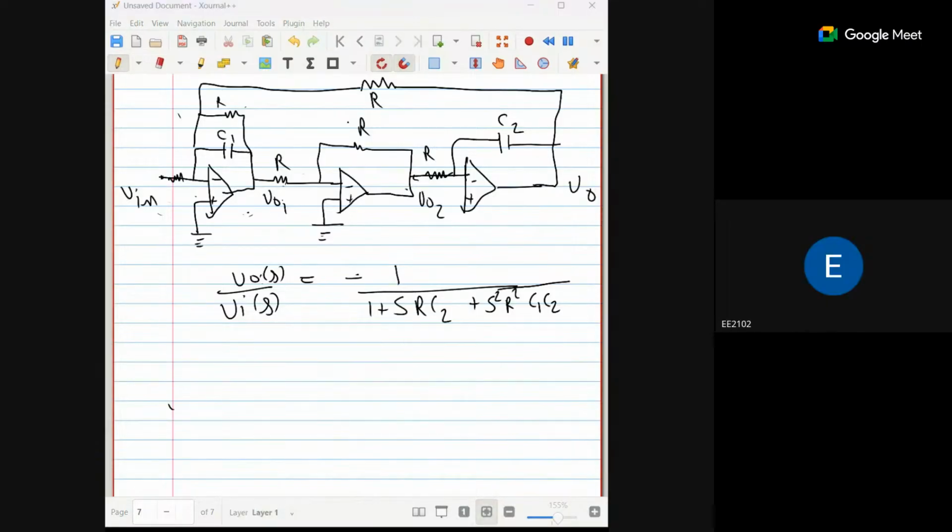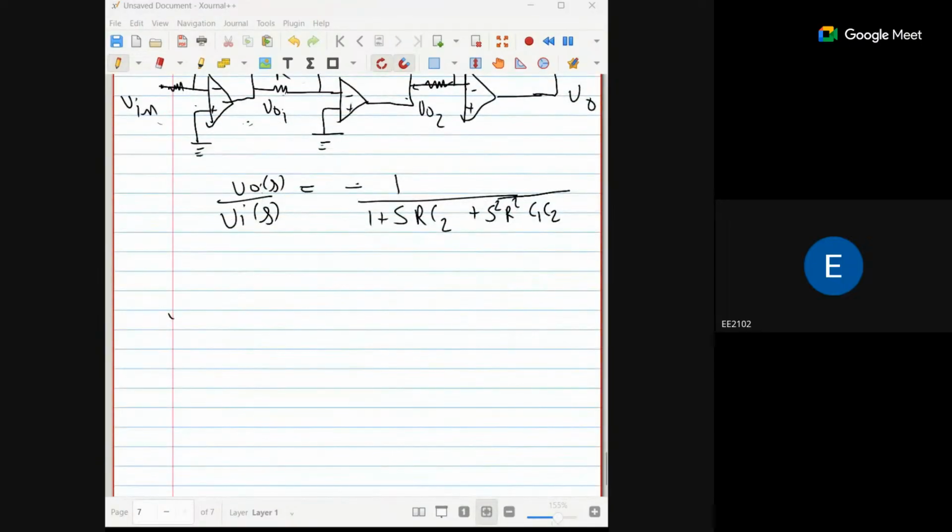So for the first question, we can find out the pole frequency. Can you tell what is the pole frequency?